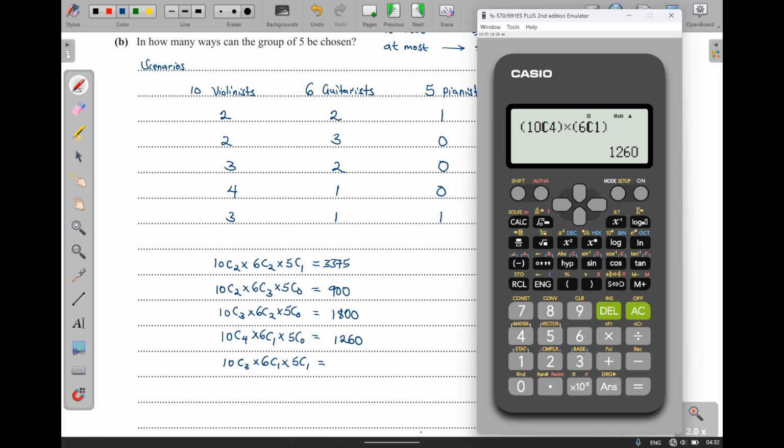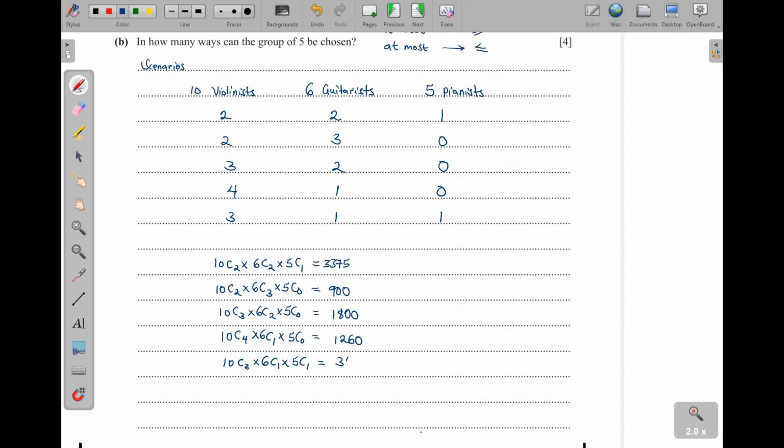Then lastly, we shall have 10 combination 3, then 6 combination 1, then times 5 combination 1. There's a 5 there. So we get 3600. And then the total here, we just add each and everything here.